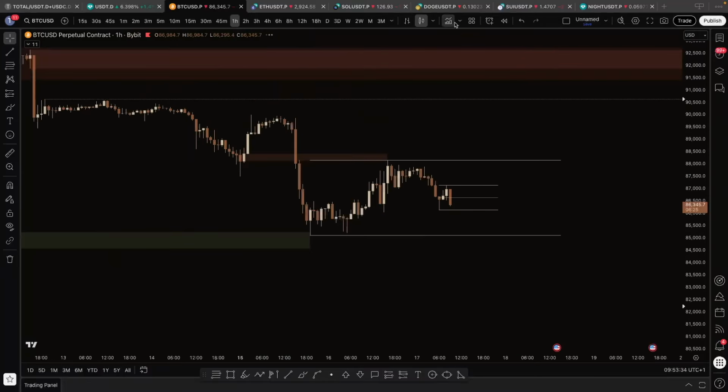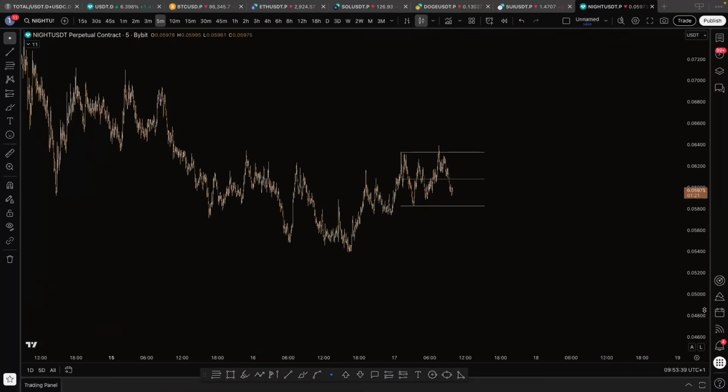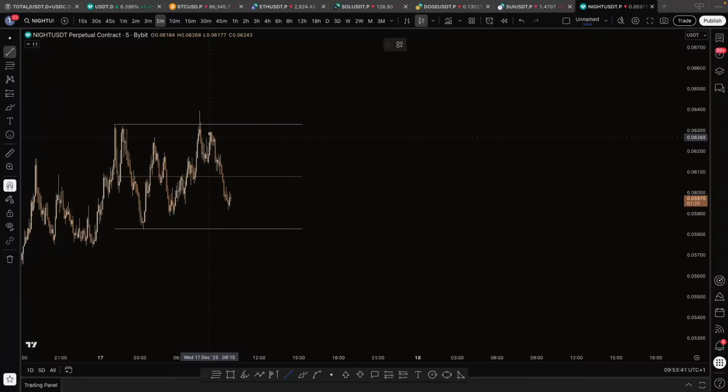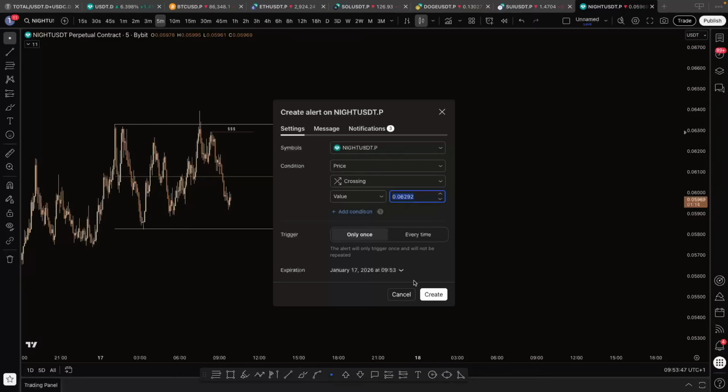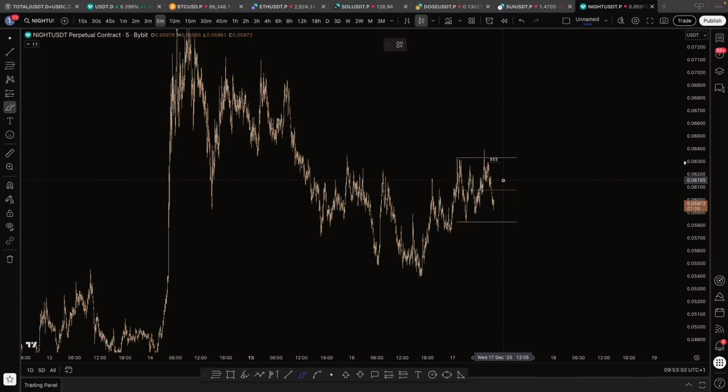Okay. On Night, I'm watching this low time frame range. Shout out to ATML in the alerts channel. It can still go up and form a distribution. So if price decides to go up, grabs it, I'm shorting it down.